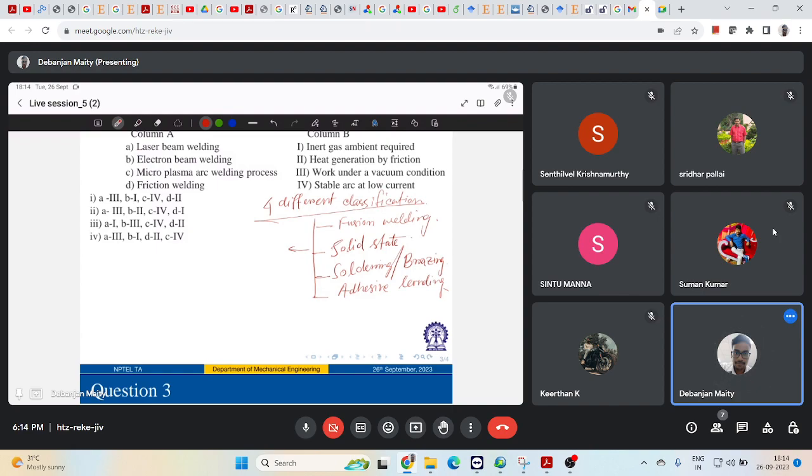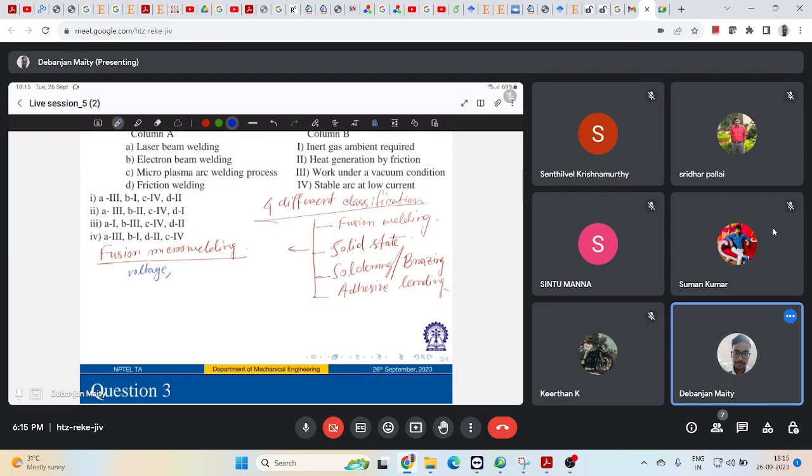Now, if we try to understand the fundamentals of fusion microwelding, what is there in it? It also has controlled variables, just like fusion welding, gas tungsten or TIG, MIG, whatever you have studied.